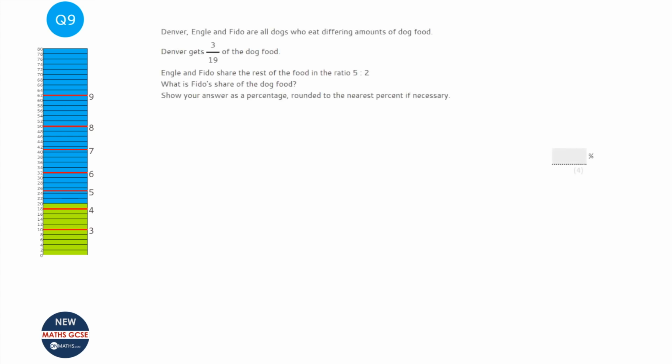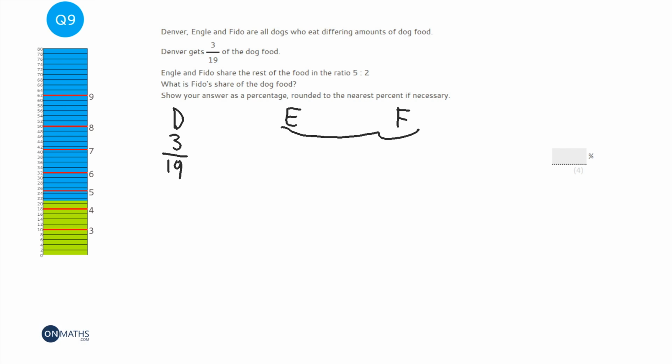Okay, so this is quite a tricky question because it mixes fractions and ratios together, but we've got to be comfortable with that. So I'd first of all just show the information so that I can get my head around it. So we've got Denver, who as a fraction has 3/19 of the food, and so that leaves how much?